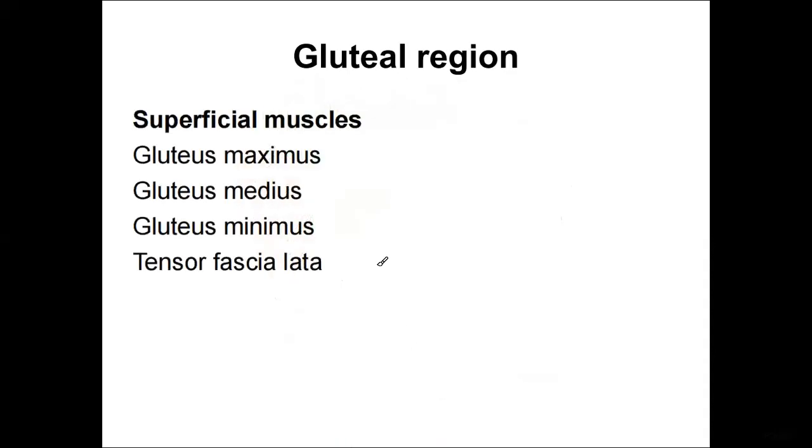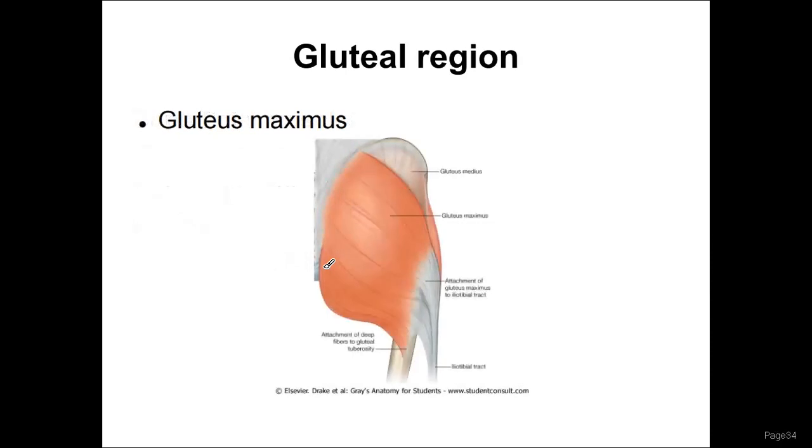And the superficial muscles in the gluteal region, we have the gluteus maximus, gluteus medius, gluteus minimus, and the tensor fascia lata, right? So let's start with the gluteus maximus. Its origin is basically from the outer surfaces of the ilium, the sacrum, the coccyx, and the sacrotuberous ligament.